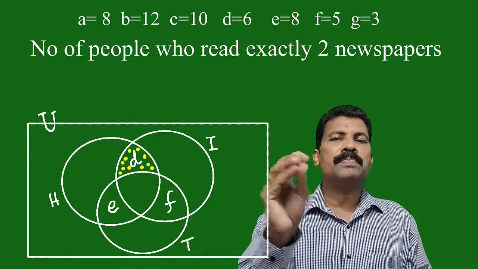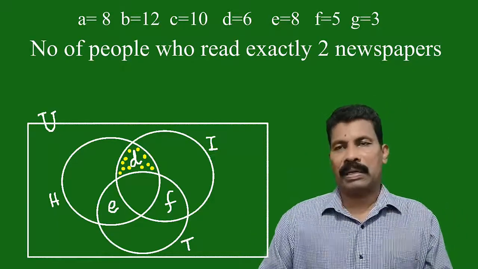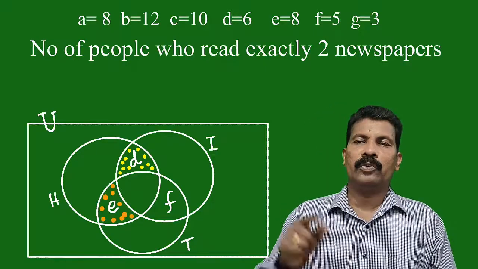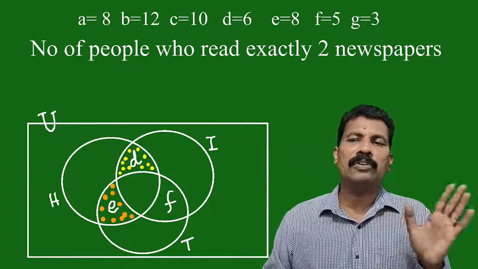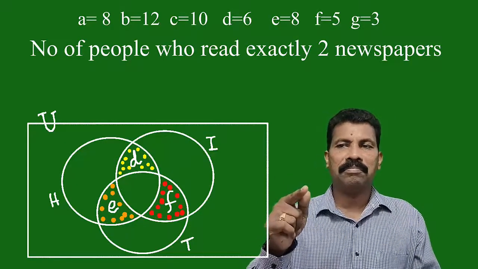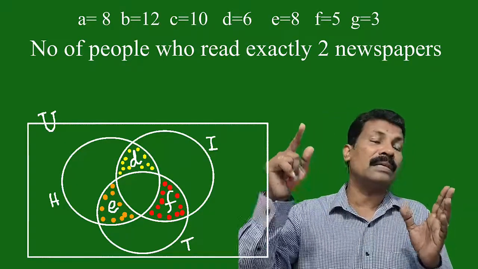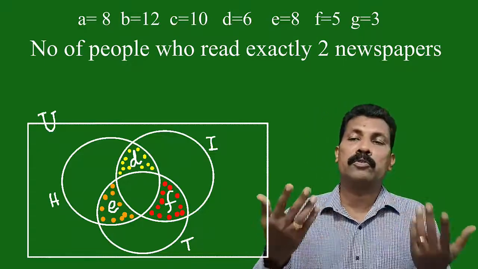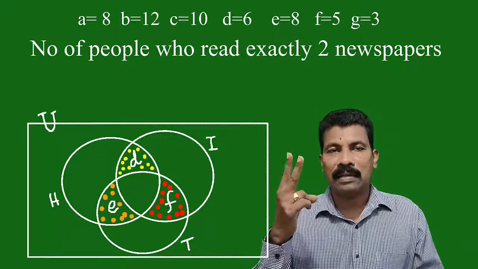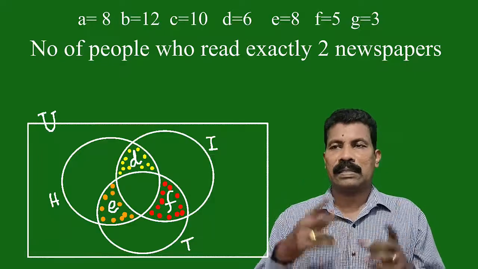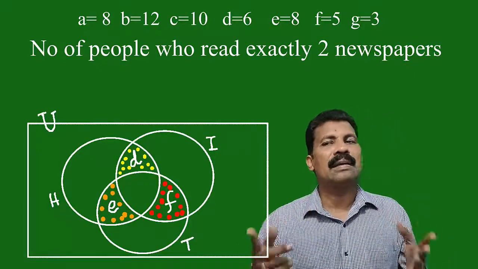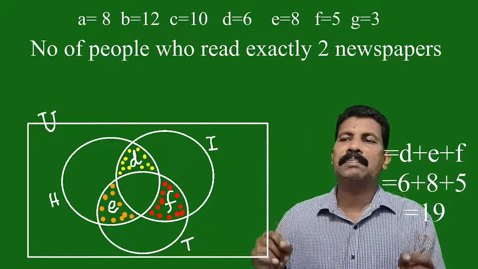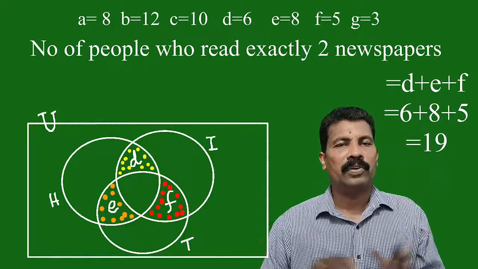Means these people will not read newspaper T. Similarly, you can see E. They will read H and T. They will not read newspaper I. Then F means they will read newspaper T and I. They will not read newspaper H. So they will read exactly 2 newspapers. So exactly 2 newspapers means D plus E plus F, that is 6 plus 8 plus 5, that is equal to 19.